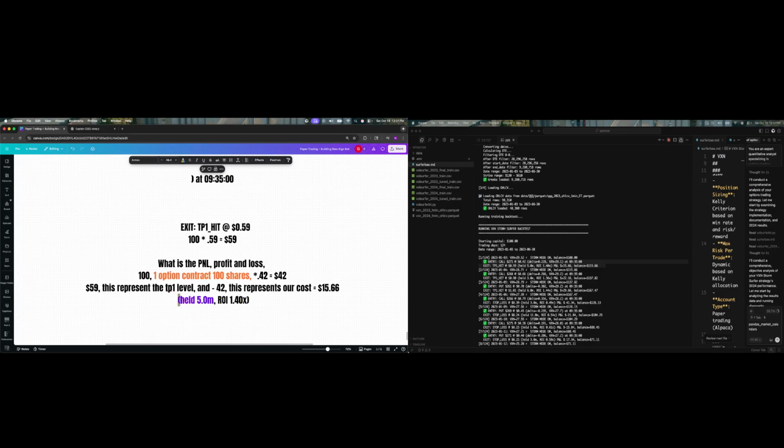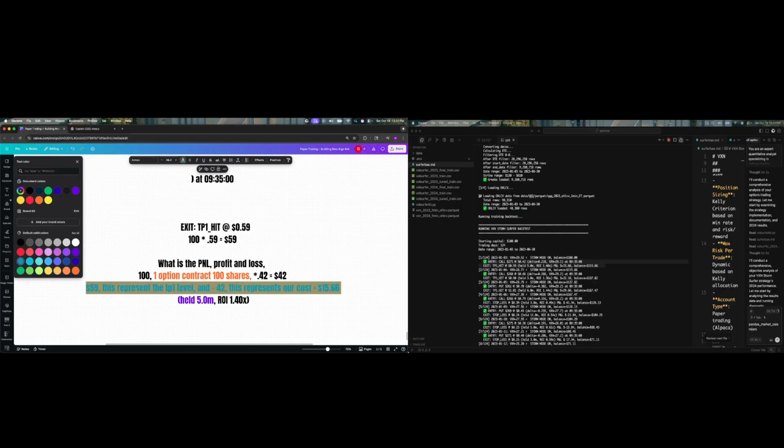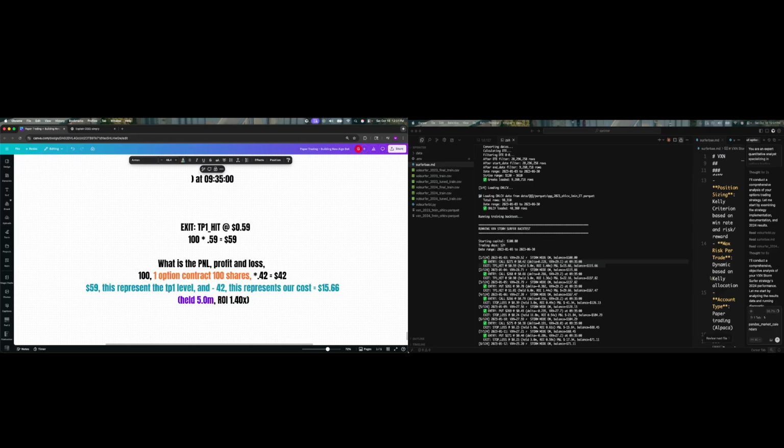We held it for 5 minutes. ROI was 140, and we just made $15 for holding it for 5 minutes. That ain't bad at all, for us being able to trade QQQ. So let's just keep going.